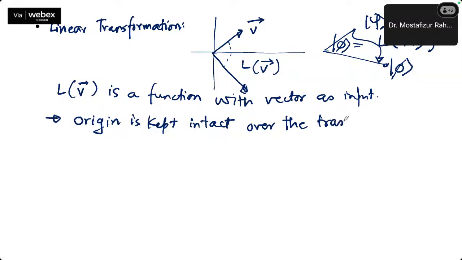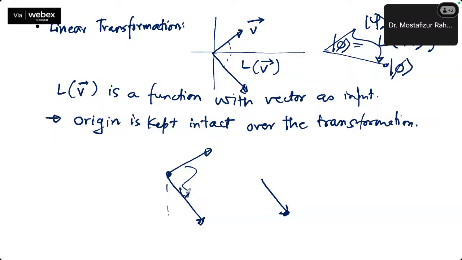This is important. That means, suppose I start with this vector and this is my origin. After transformation, I should not be somewhere here. This should not be the case. The origin should be intact. There will be some rotation or some changes, some linear transformation. Okay, so this should be the case.